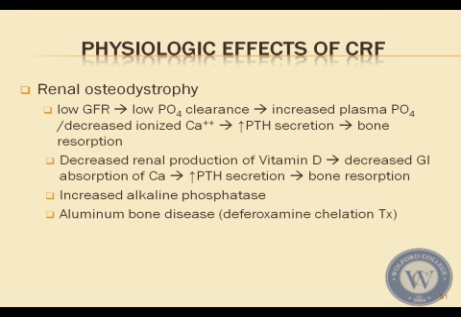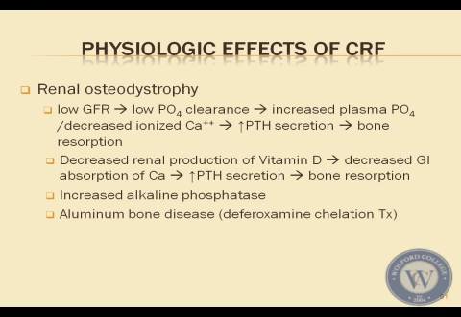Renal osteodystrophy is from low GFRs, which leads to a decrease in phosphorus clearance and an elevation in plasma phosphorus and to overall decrease in ionized calcium levels. This leads to an elevation in parathyroid hormone secretion, which then leads to bone resorption and increases the risk of developing pathological fractures.